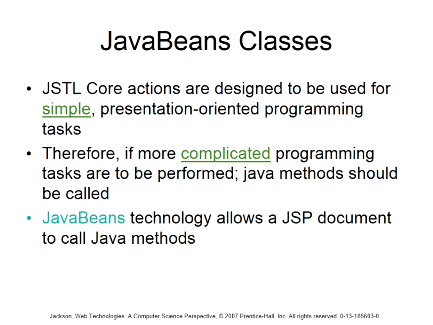And here we can use this class through the JSP tags. So JSTL core actions are designed to be used for simple presentation-oriented programming tasks. Therefore, when more complicated programming tasks are to be performed, Java methods should be called. So JavaBeans technology allows a JSP document to call Java methods.